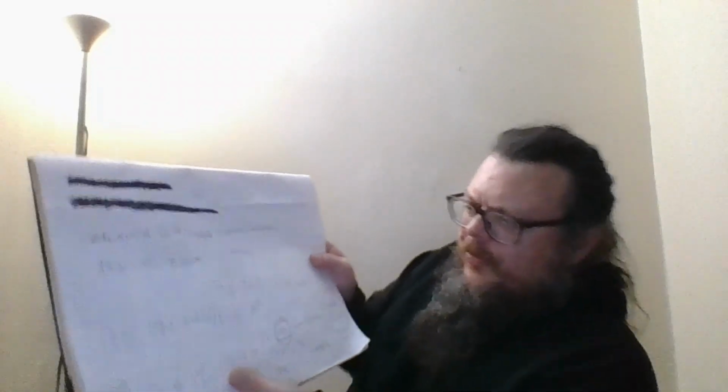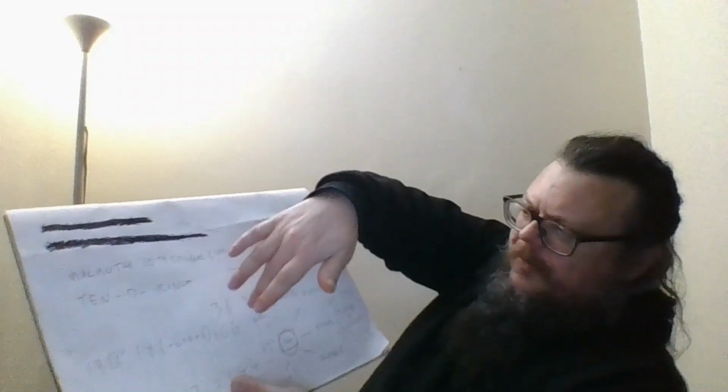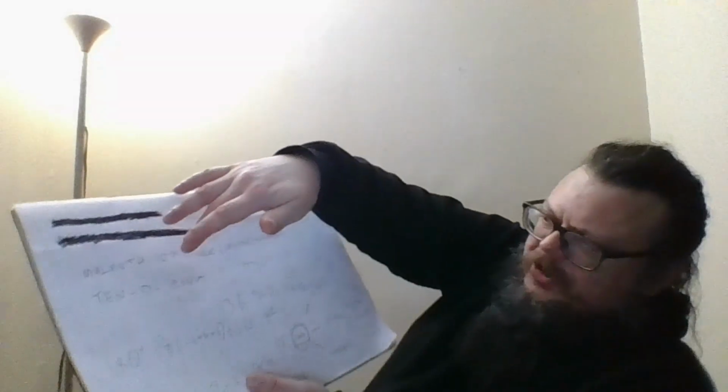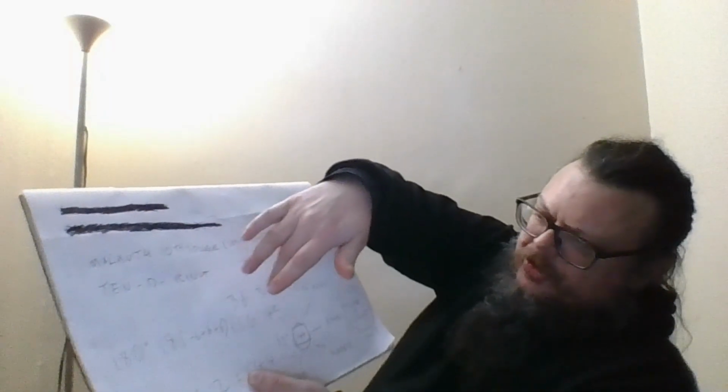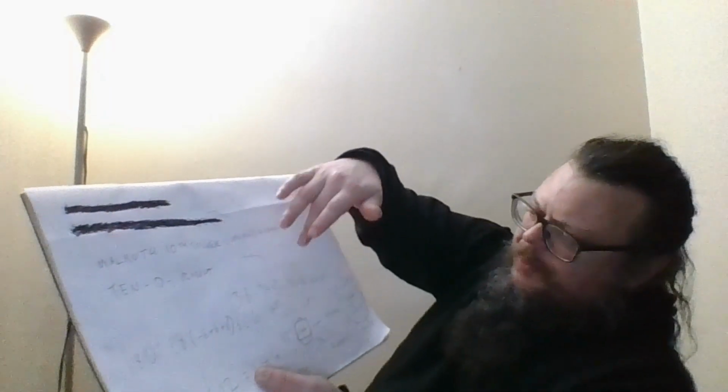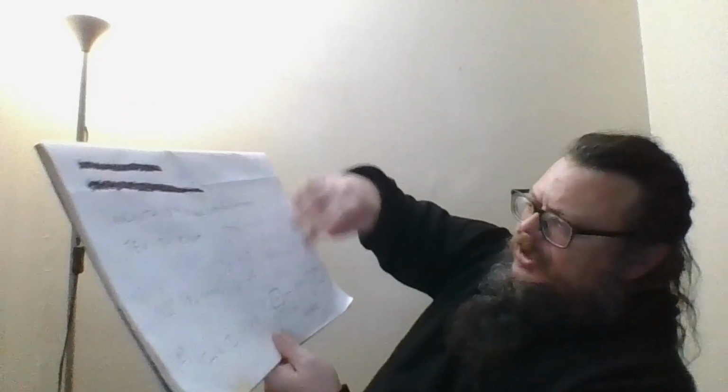That's why we've got 36 written here. Using the 10th sphere, we times 666, so we get 360, which brings us to the circle.